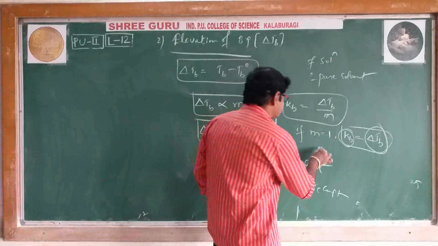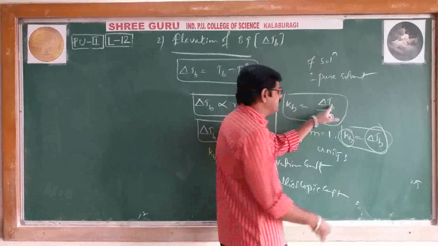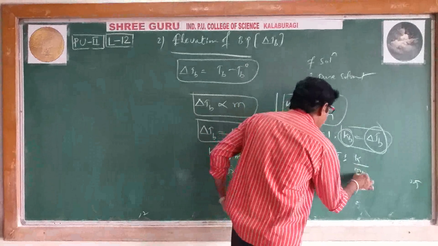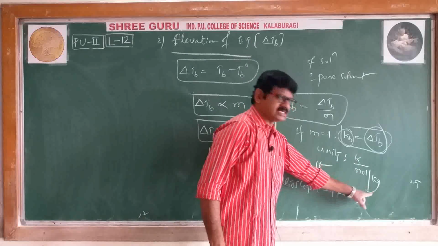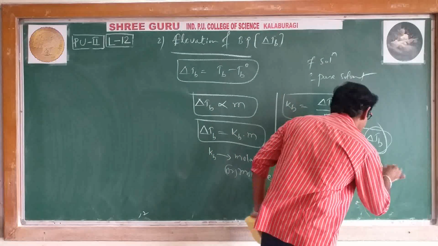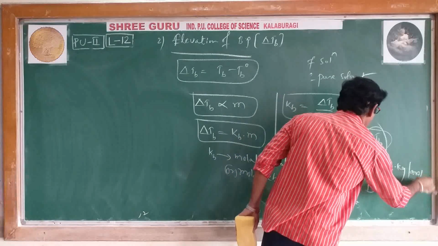Now we will write its units also. What are the units? Delta TB is a difference, in Kelvin; molality is mole per kg, therefore it is 1 by kg. That's why the units are Kelvin kg per mole.